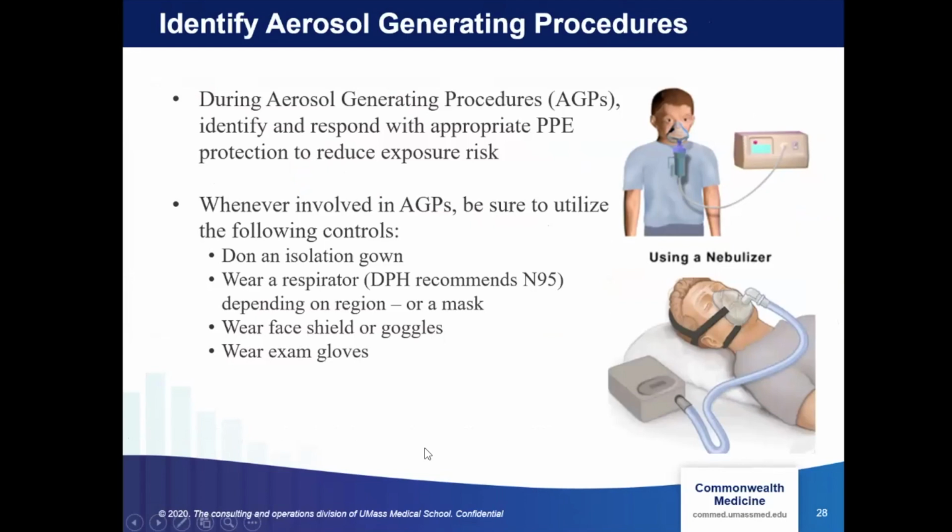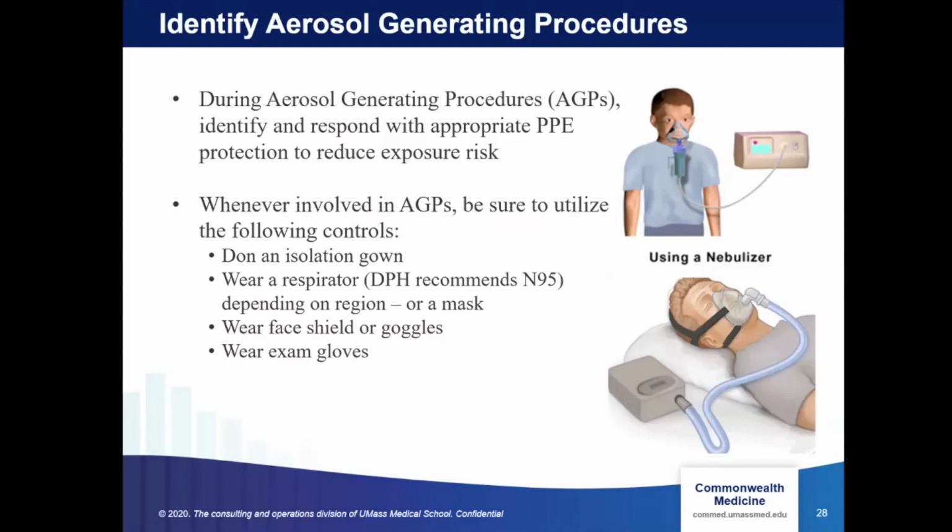During AGPs, which is what we refer to them as, identify and respond with appropriate PPE protection to reduce your exposure risk. Whenever involved in one of these procedures, be sure to utilize the following controls. You want to don an isolation gown to prevent your clothing from getting contaminated, so you don't go home with that contamination.